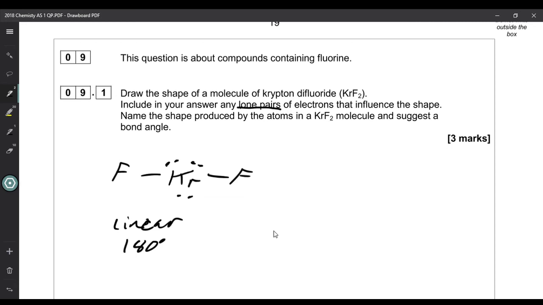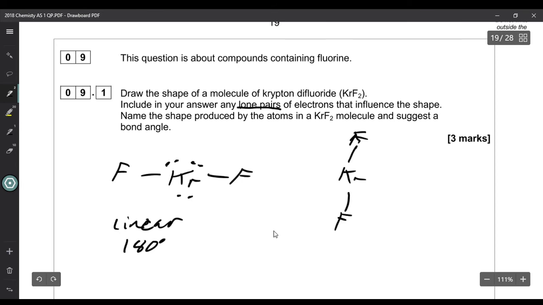So the structure as a whole is trigonal bipyramidal, but these electrons here are perpendicular to the 2 Fs. So imagine the Kr and the 2 Fs sticking up and down like this.